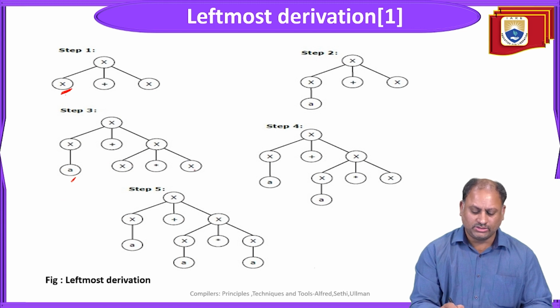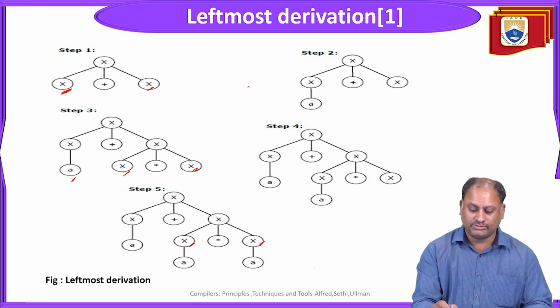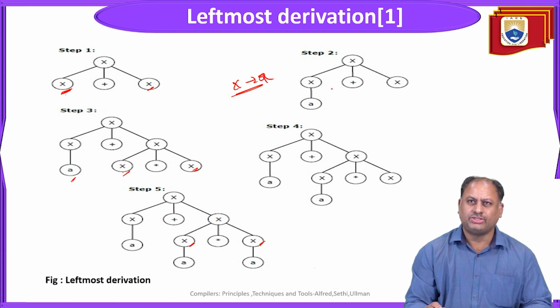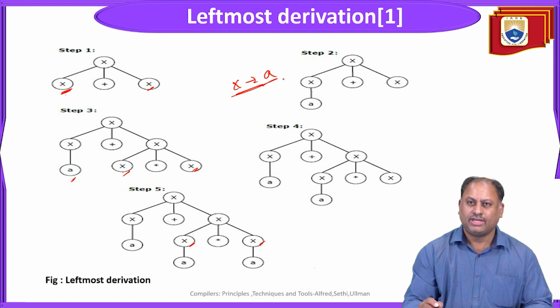Then x star x, we are going to write, then evaluate this non-terminal as x star x, then x capital A, and then the rightmost non-terminal. So x derives a, we are getting x plus x, first x derives a. So that's why step 2 is obtained after substituting the production x derives a.